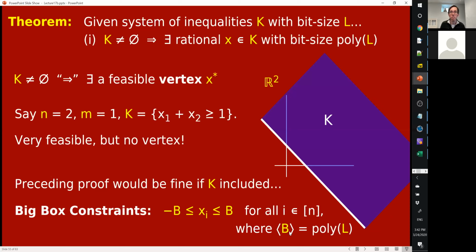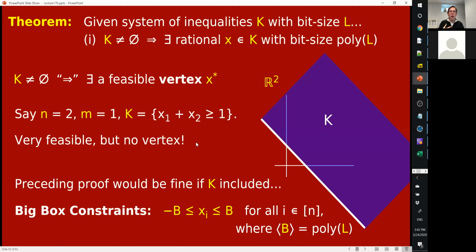The B's I'm going to be thinking about are ones whose representation size is polynomial in L. But remember, if B is an integer, its actual magnitude is 2 to the poly L. That's okay because you write it down in base 2, so the number of bits needed to represent it is poly L.